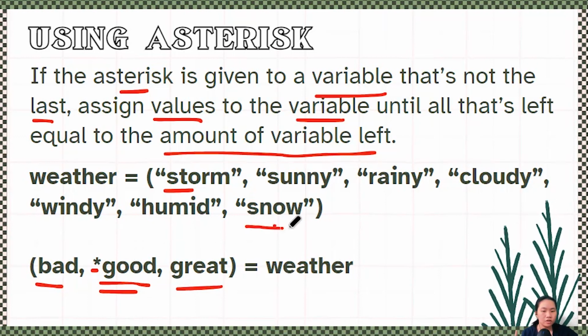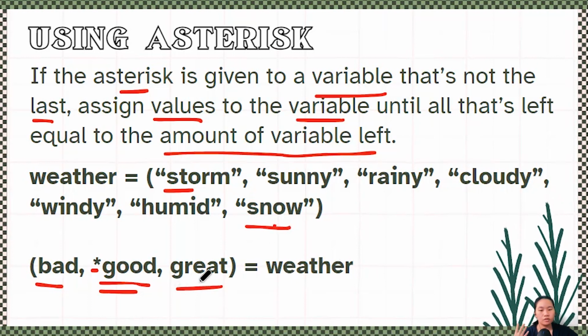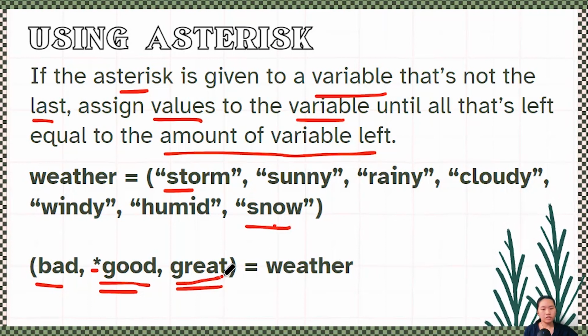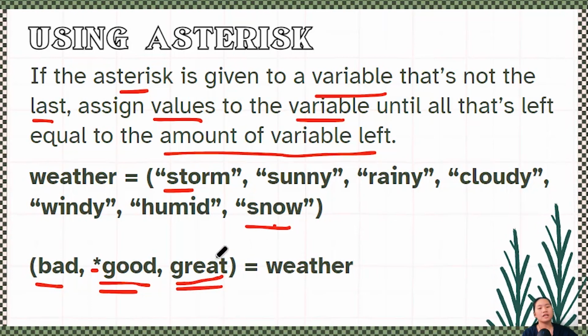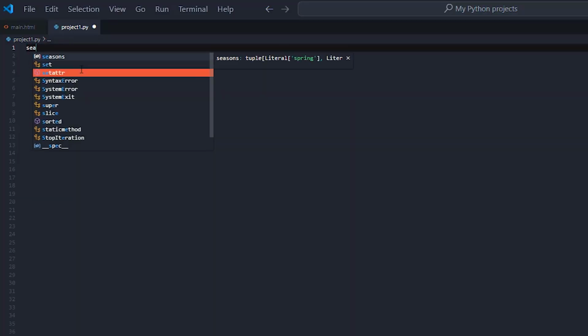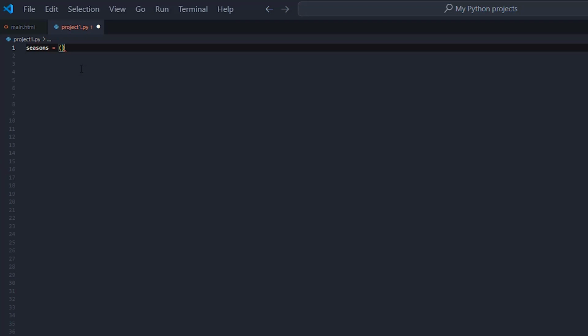So Python only leaves snow because there's only one variable left, so naturally just one value is left to assign to it. Now I'm going to have the variable season equal to spring, summer, autumn, and winter.